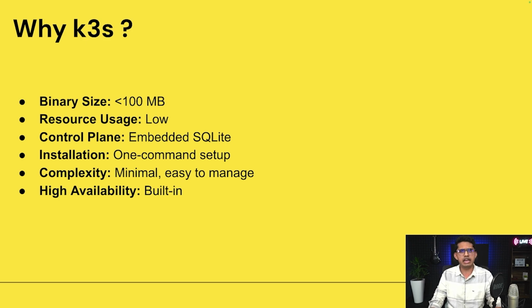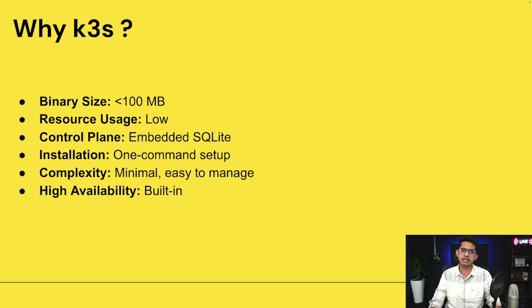Installation. If you have at any point tried to set up, say, a K8s cluster, you would have felt that pain because it's a bit difficult. But with K3s, it's just a one command setup. You just run one single curl command.